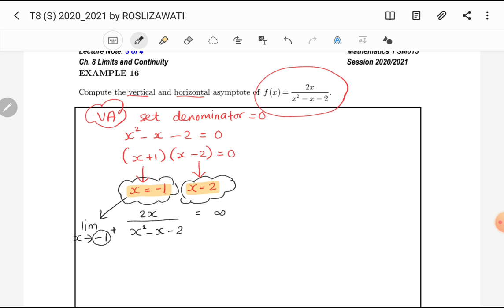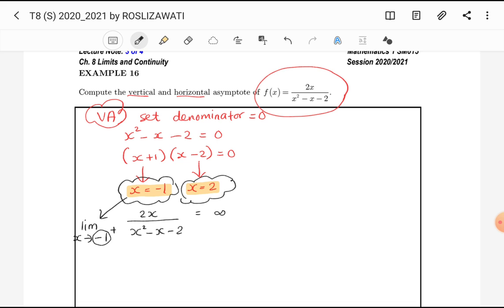Kenapa infinity? Atas awak akan dapat negative 2 divide by 0. Number over 0 is infinity. Okay, but we need to determine, okay, sama ada positif or negative infinity.